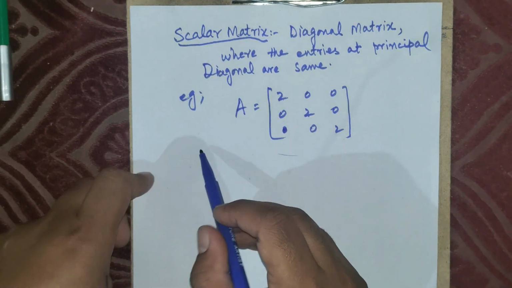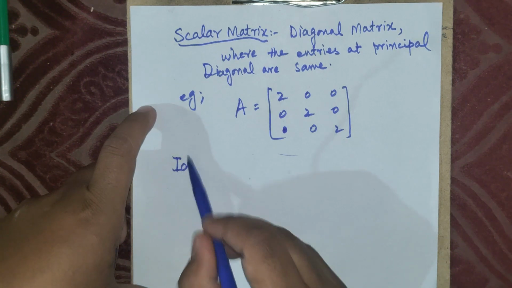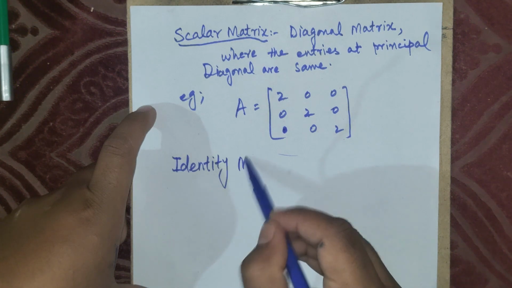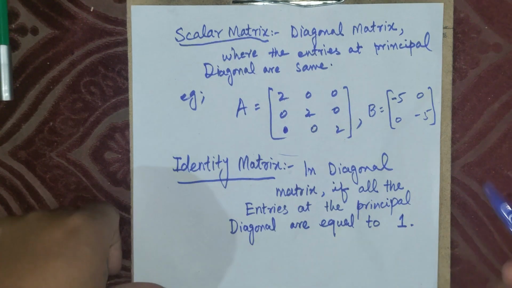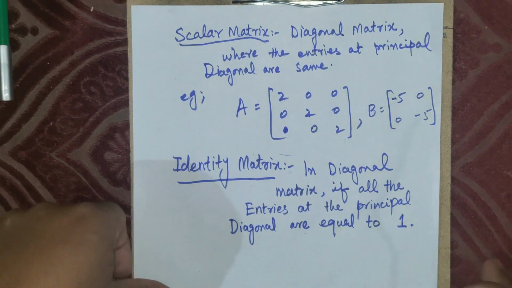One more matrix is called the identity matrix. In a diagonal matrix, if all the entries at the principal diagonal are equal to 1, then it will be called an identity matrix.